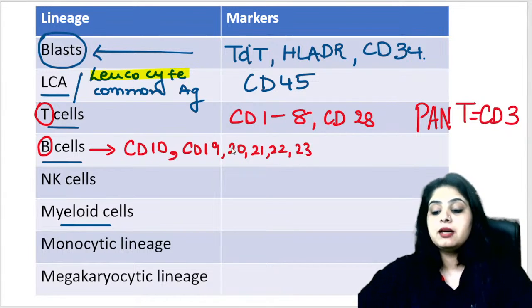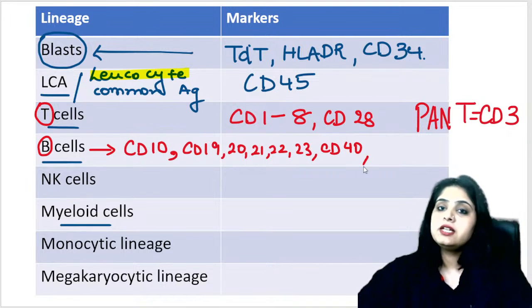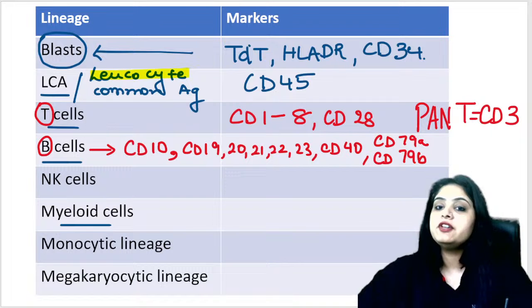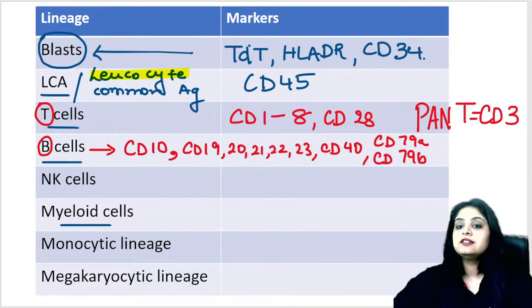Then after the 20s, double is 40. So the next marker is going to be CD40, and double of 40 is 80, but I don't reach 80. I call it 79A and 79B. Instead of reaching 80, I have split that 79 into 2. So repeating once again, you have 10, then 20s, then 40 and then 79. But yes, the next question is which is the hero of this story?